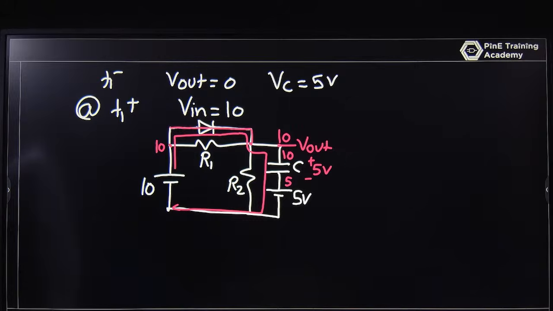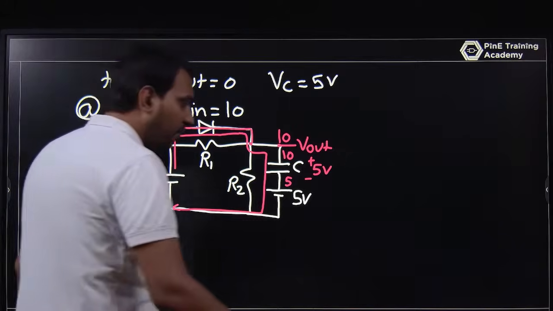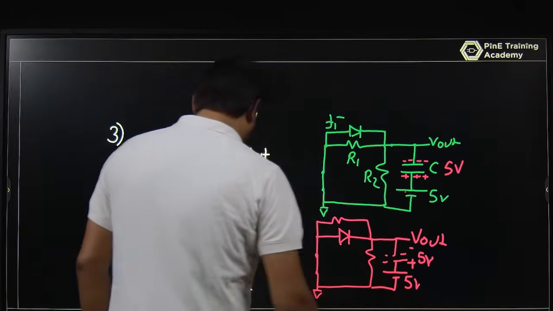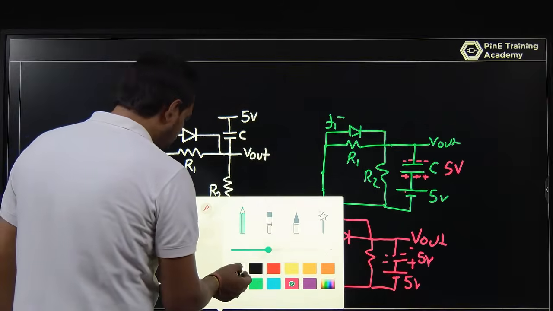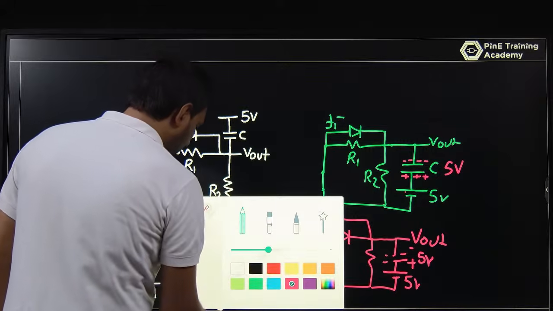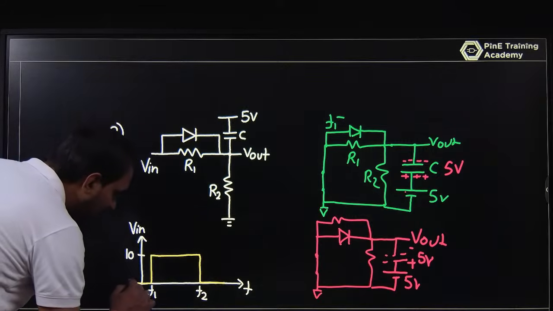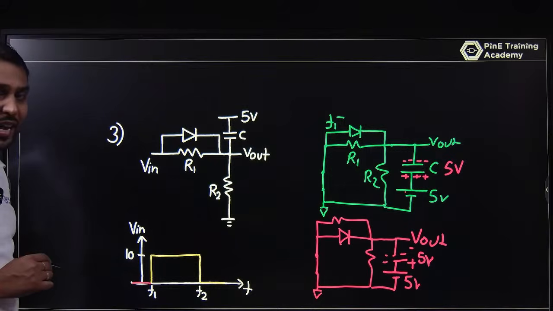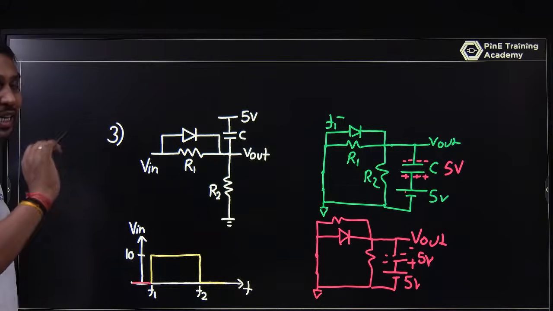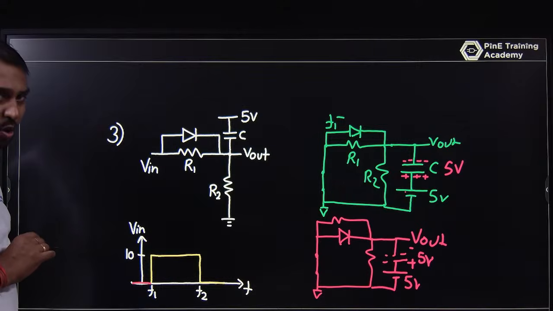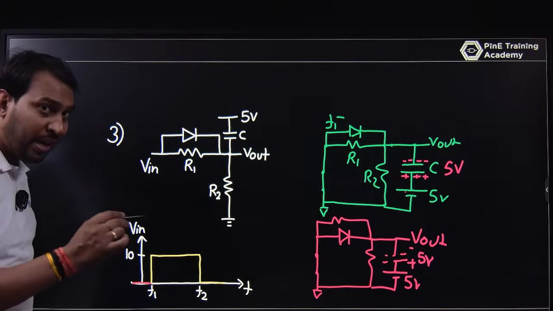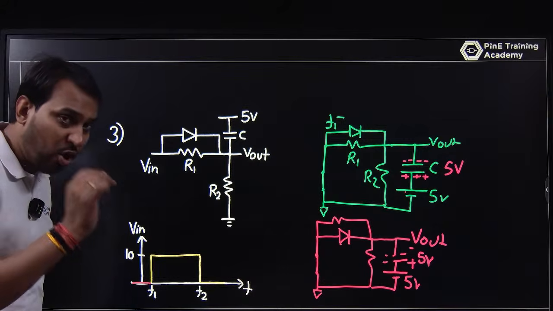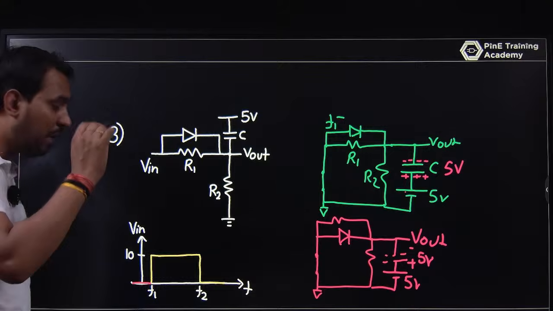If you are interested in the waveform, what is that waveform? Before T1, Vout is 0, because the capacitor acts like a blocking circuit, and there is no current passing with the help of 5 volt. But after T1, just as the input rises to 10 volt, the diode will be a short circuit and Vout becomes 10.